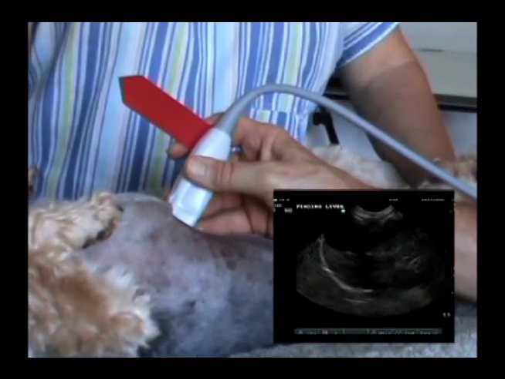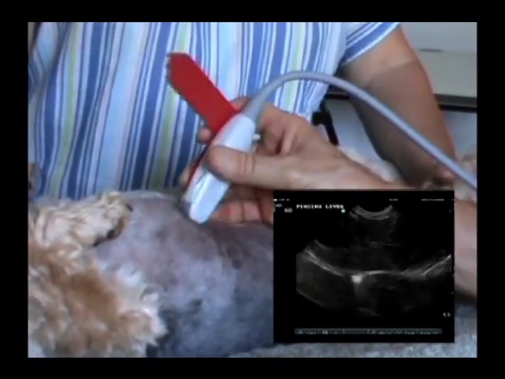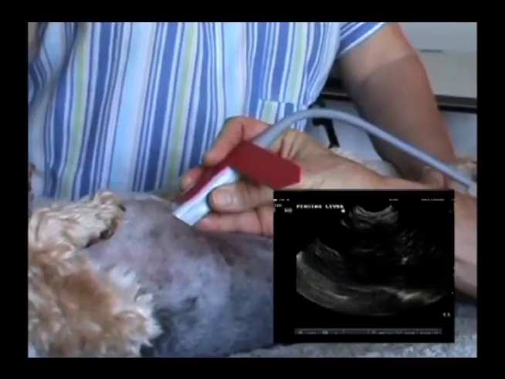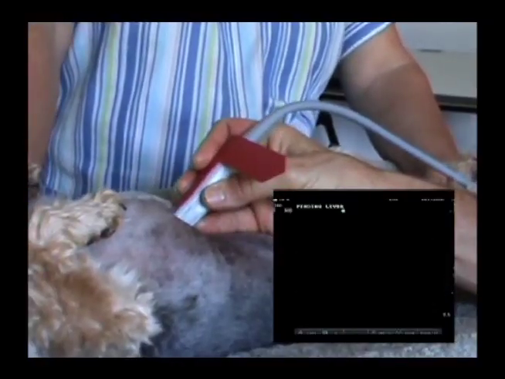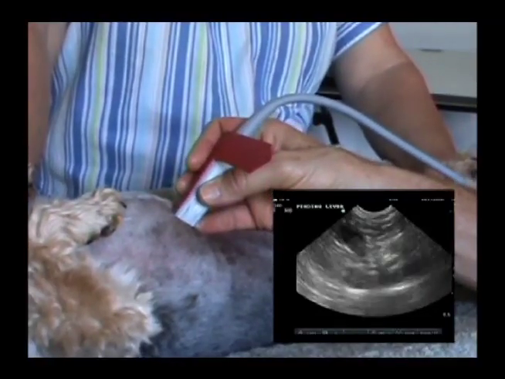If you see or suspect a liver lesion, rotate the transducer to a transverse position. Fan the transducer as far cranially as you can.